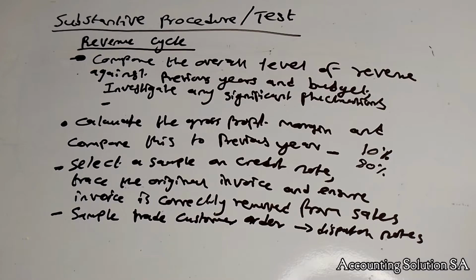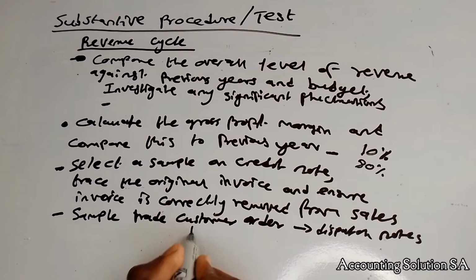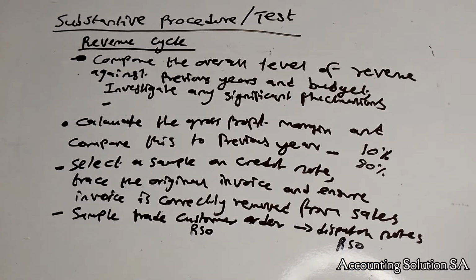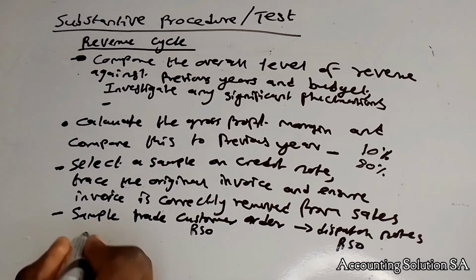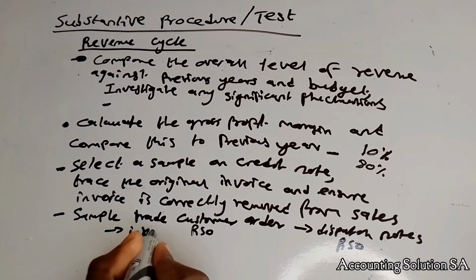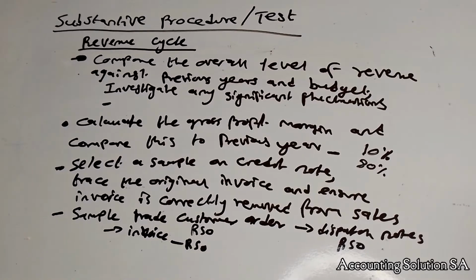So after that, the customer is going to receive what? An invoice. So we have to check that the amount on the customer order, if it's 50 rand, is the same amount as the dispatch note, which is 50 rand, and is the same amount as the invoice. It must be the same, 50 rand. We need to investigate that.